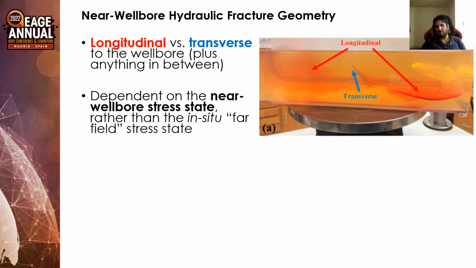You need a little bit of a threshold, and that threshold is varying. A little bit of anisotropy won't do it. It's basically easier to get longitudinal fractures rather than transverse fractures.